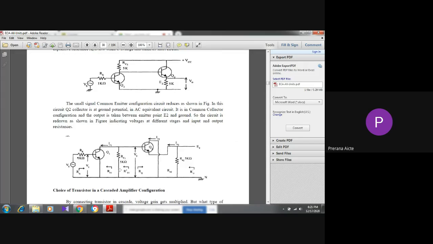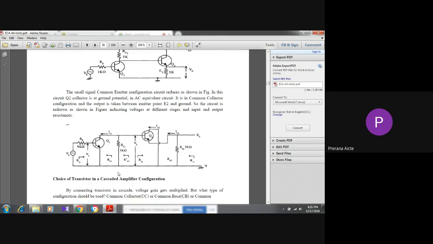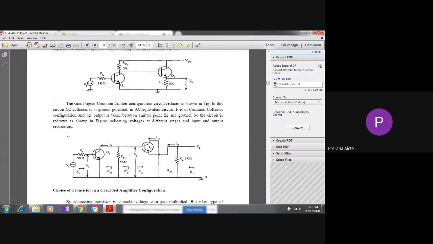There is nothing changed; we just changed the alignment of the components to calculate the values. Just observe these two figures. Is there any difference?